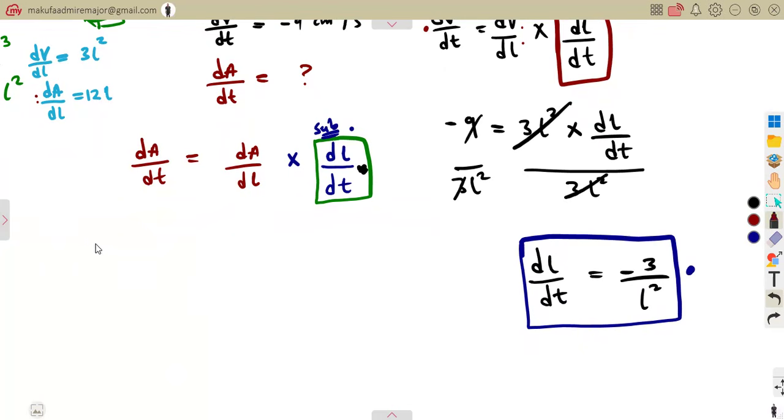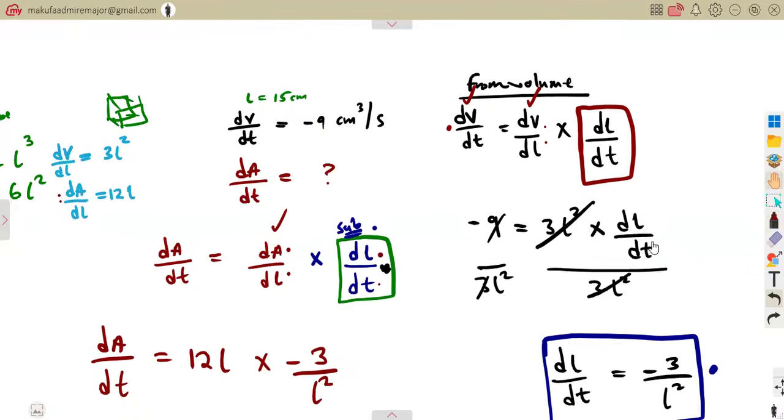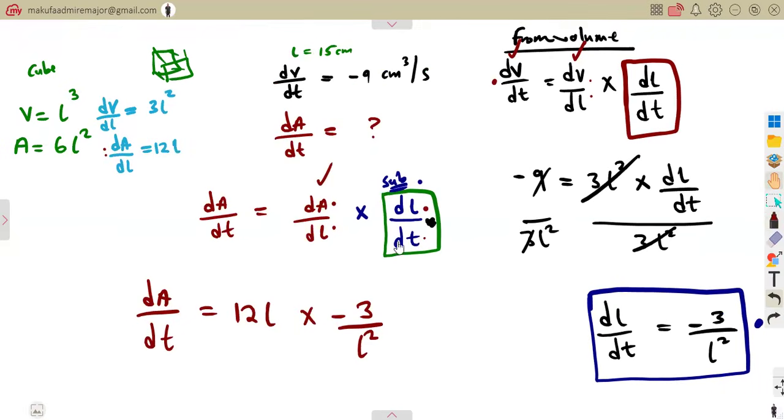So the rate of change of area with respect to time is going to be dA/dL, which we have, that is 12L, times dL/dt. dL/dt, we got it, that is -3 over L squared, just like that. So you see how they try by all means to make sure that you do not get the sense of this.